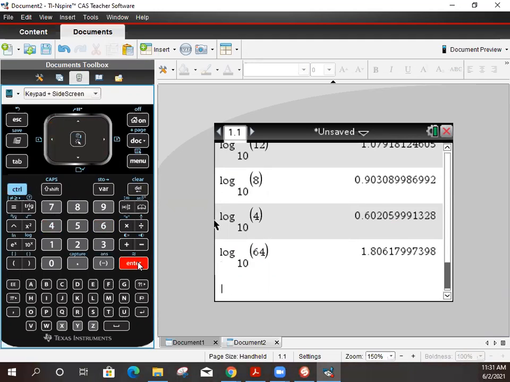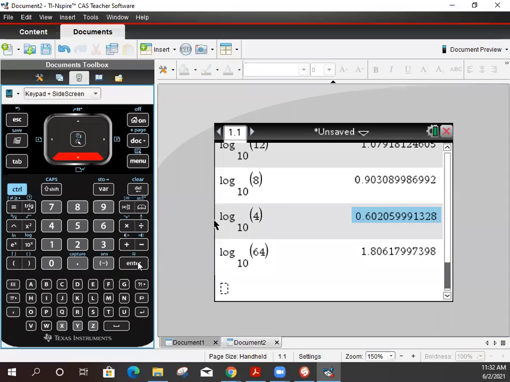Now, if you look at these numbers, you got 0.9, 0.6, and 1.8. So ignore the other digits because you could do this in your head. Do you see a relationship between this number, the exponent of 2, and this number? Then you also have a relationship here where this is the log of 4 base 10, and to get the log of 64 base 10, we have to do 4 cubed.